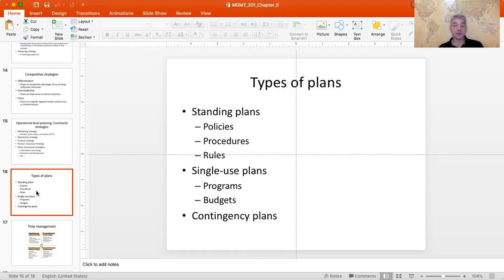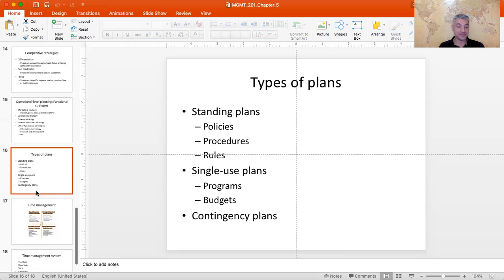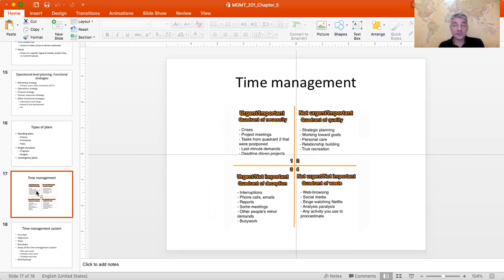And then finally, when we talk about contingency plans, a kind of what-if scenario, we may have several options we can go after depending on how the stars align. So that's the third kind of plan. And then obviously all of that activity, planning, strategy making requires a lot of time.